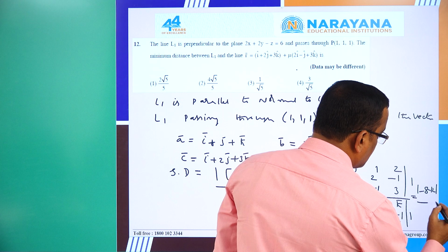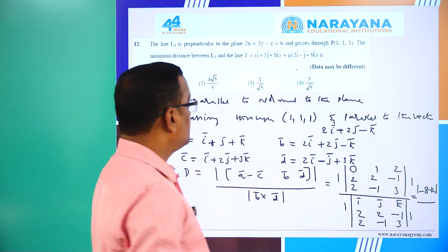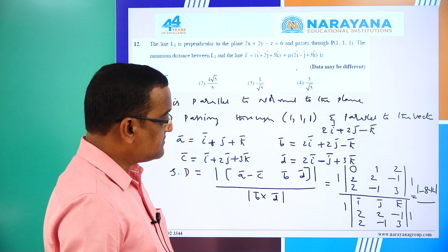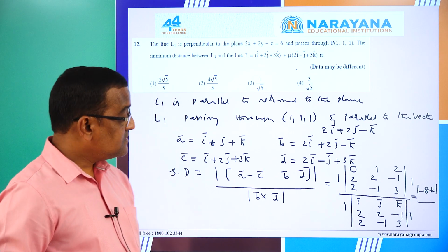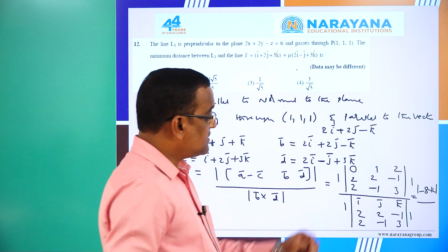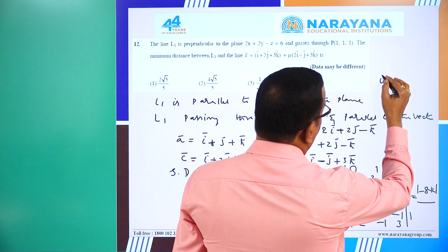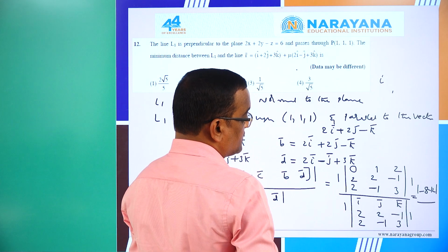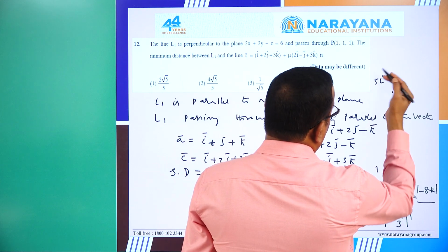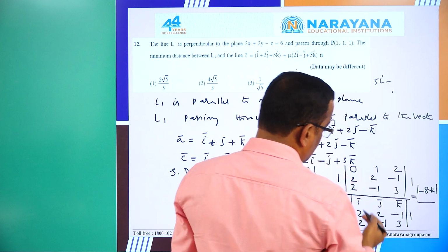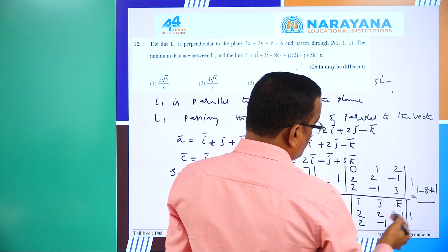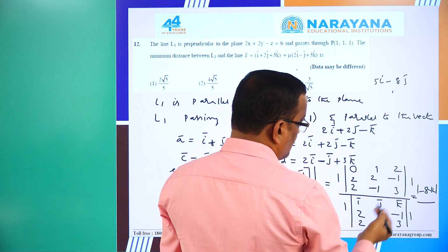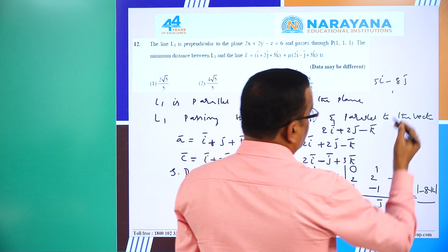Modulus by, and expand this determinant. What you get: i into 6 minus 1, 5, it is 5i, minus j into 6 plus 2, 8j, plus k into minus 2 minus 4, minus 6k.